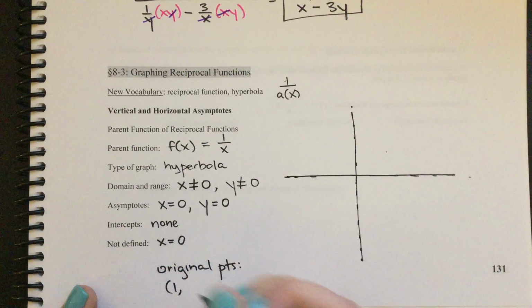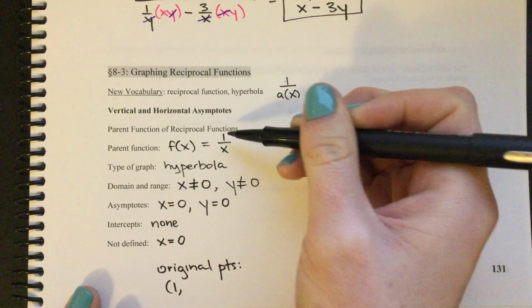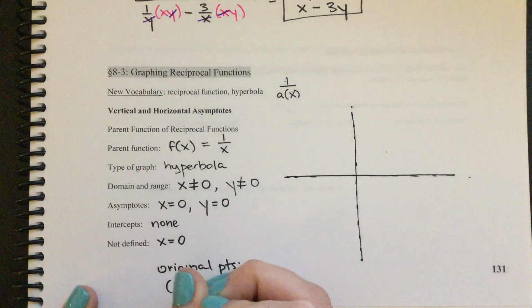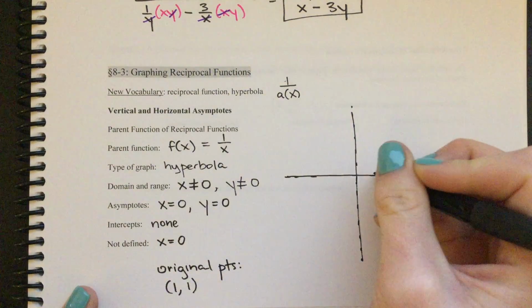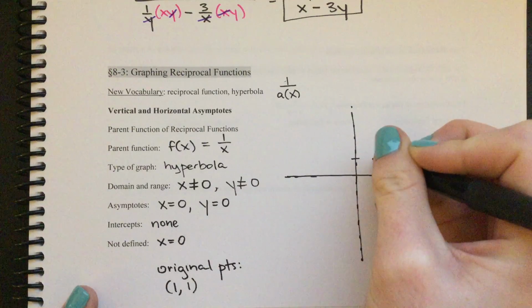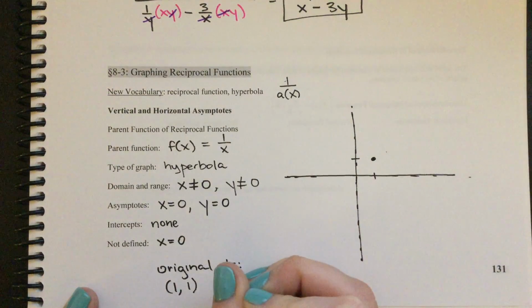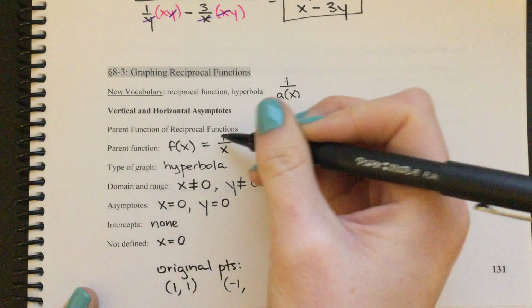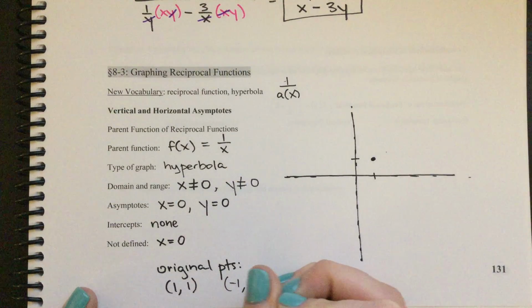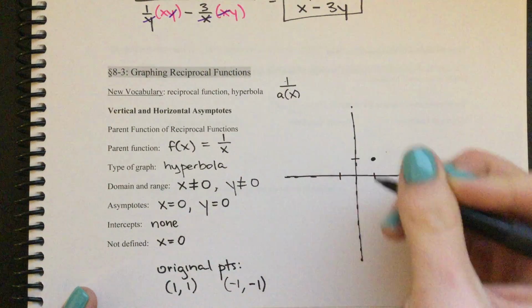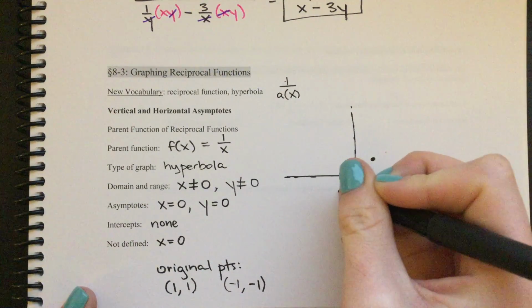Say we plug in 1. If we plug 1 into this function, 1 over 1 would just be 1. So I have the original point (1, 1), which I can plot right here. Then if I plug in negative 1, 1 over negative 1 is just negative 1. So I'll also have the point (-1, -1), which is right here.